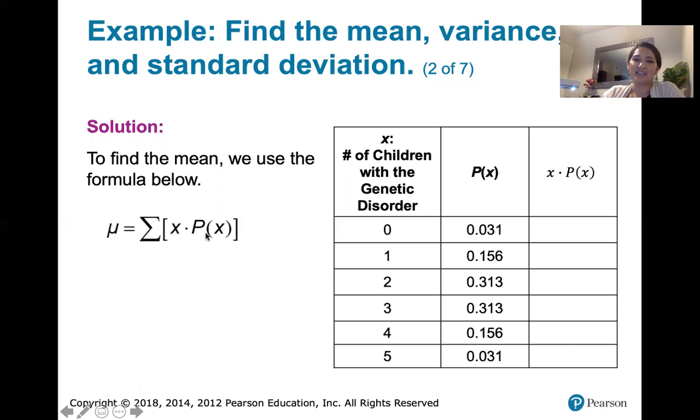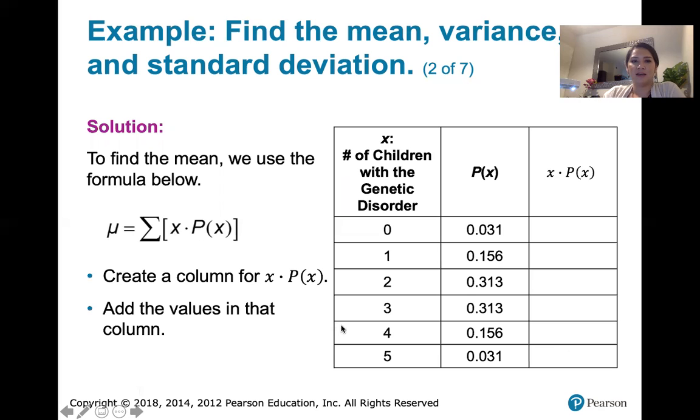What I need is x times the probability. That will go over here. So we're going to create a column for that. And then once we multiply the x and the p to fill in that column, we're going to add the values in that column, and that will be the mean. So let's do that on a piece of paper.